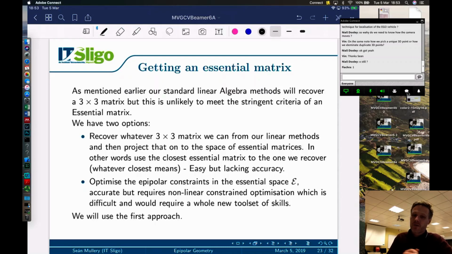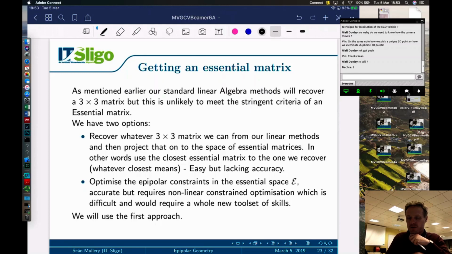The other way is to optimize the epipolar constraints in the essential space itself, where you try and find a solution by least squares methods or other optimization techniques, penalizing the determinant if it's more than +1 for the rotation, and so on. So trying to keep those different things into account.